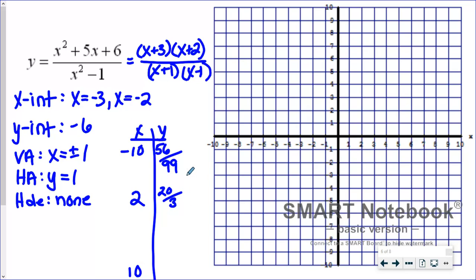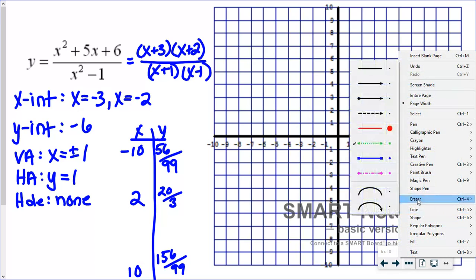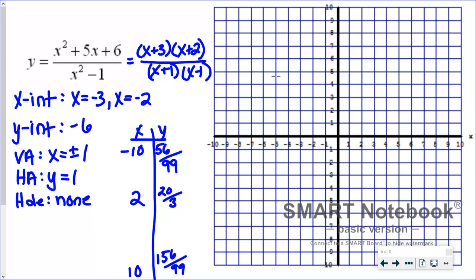So that's going to be 6 2/3. All right, and when we plug 10 in, we get 156 over 99, so just over 1.5. All right, so we go ahead and put our asymptotes on here. We're going to get positive and negative 1.